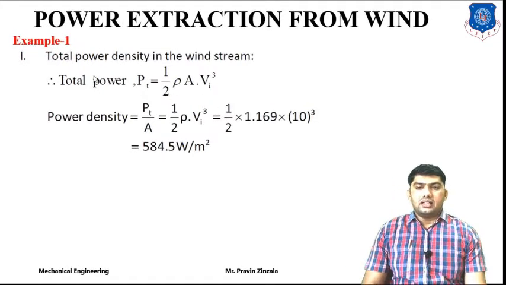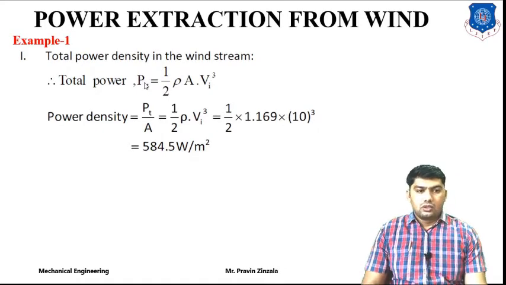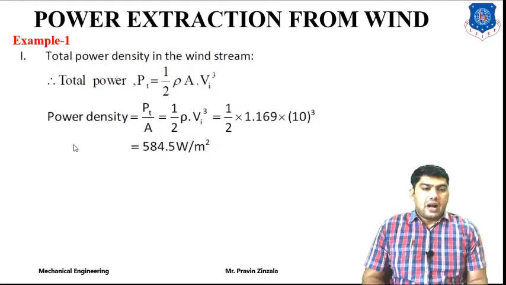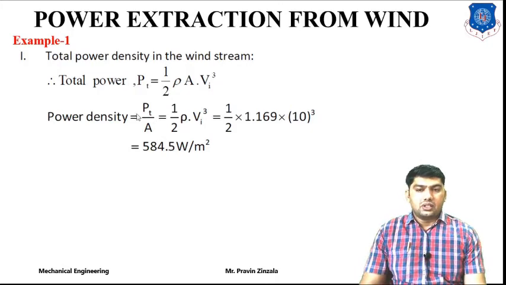First we calculate the power density in the wind stream, means power available in wind. The equation of total power is equal to 1/2 rho A V cube. Power density means power per unit area, so we have to divide the total power by the area.